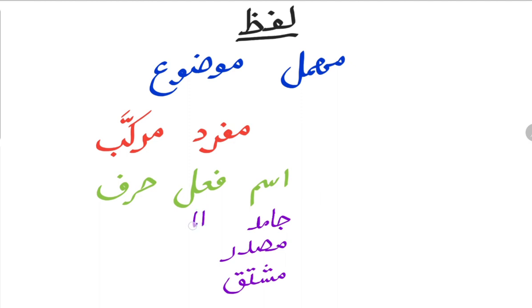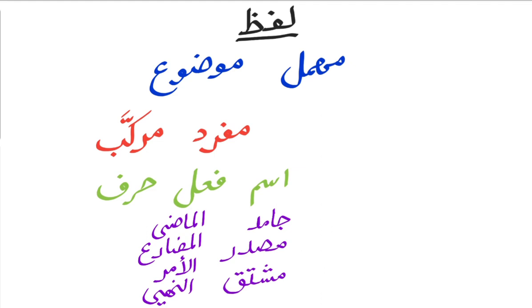The first one is al-madi, the second is al-mudari', then comes al-amr, and finally we have an-nahi. Past tense verb, present and future tense verb, command, and prohibitive command.